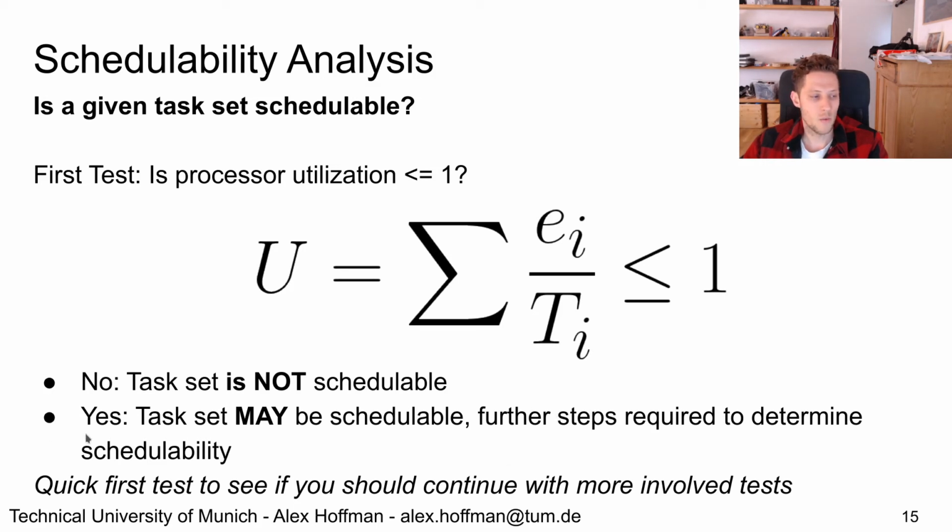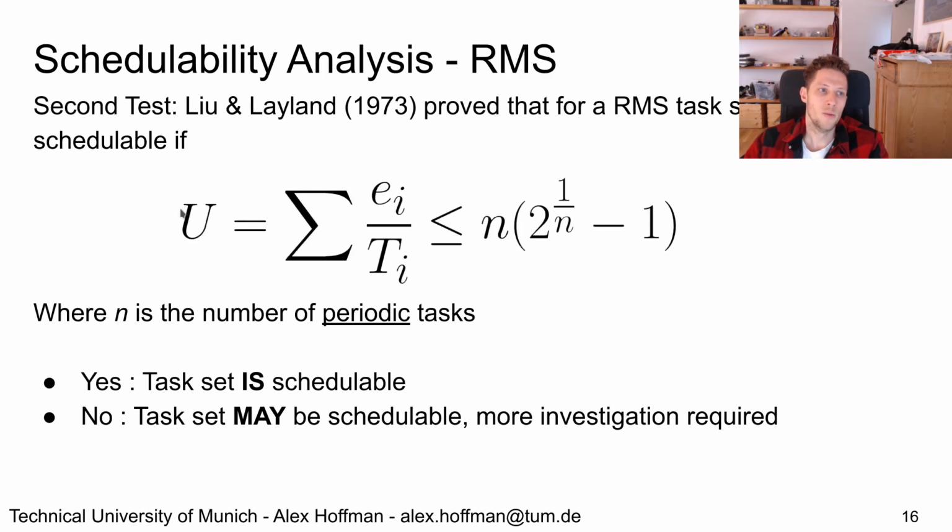This is the first quick test that you will be doing in a schedulability analysis. If it is satisfied, meaning you've summed up all of the execution times over the periods, looking at the load the tasks are creating, then we move on to the second test, developed by Liu and Layland in 1973.